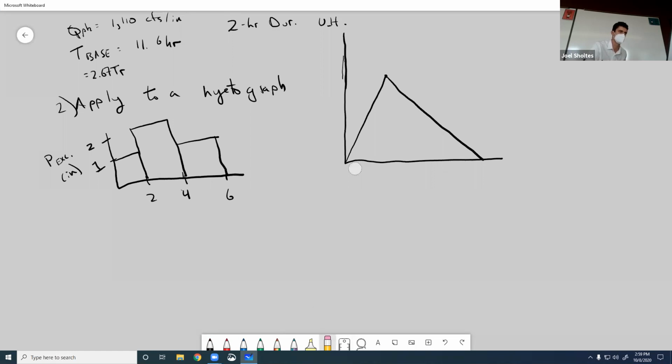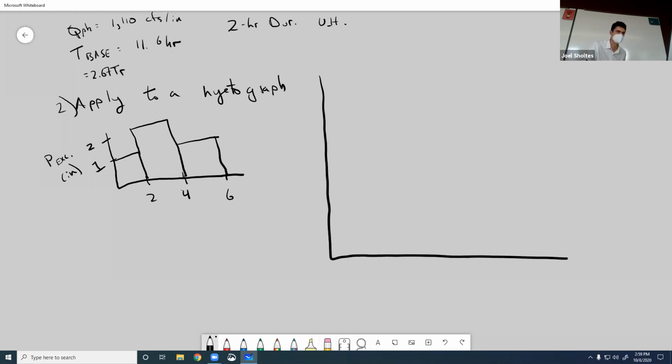Actually, I'm going to give myself a little more space here. So that first unit hydrograph, and this is CFS per inch.